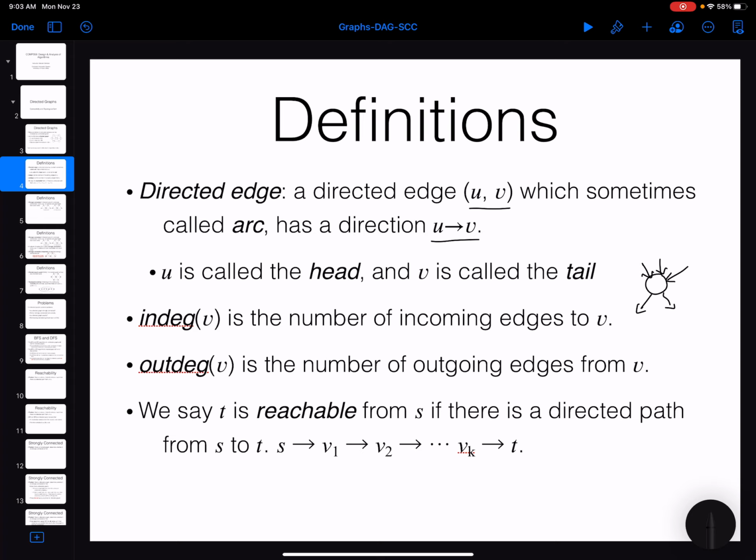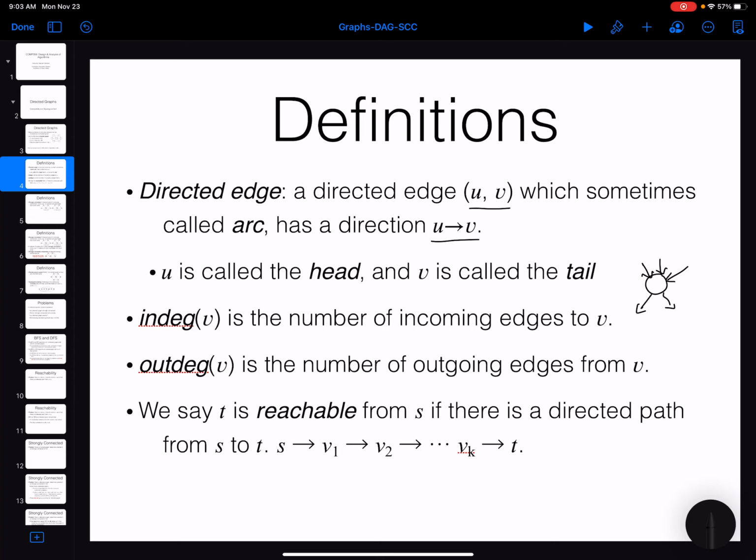So based on that, connectivity in the directed graph is going to completely change. In an undirected graph, if you have a path from a node to another node, you would say that these two nodes are connected, which means that from each one you can reach the other one.